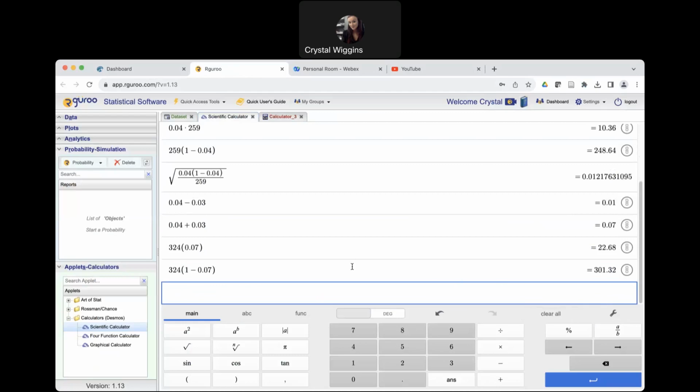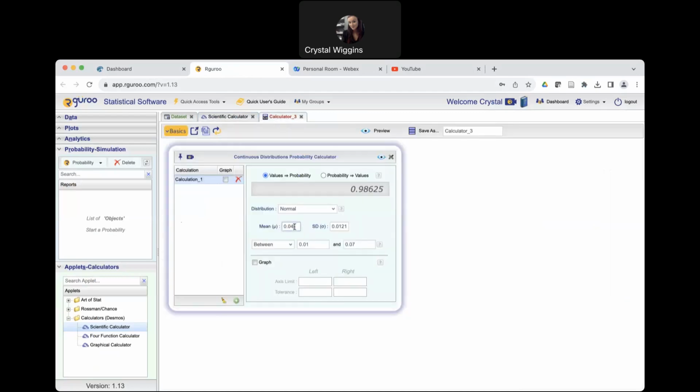Okay, so now that I have verified the central limit theorem is valid, I know that the average of the sample proportions, my mu sub p hat, is equal to the population proportion of 0.07. So in my continuous probability calculator, I'll set my mean to 0.07.